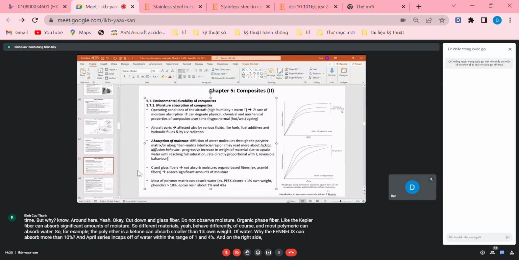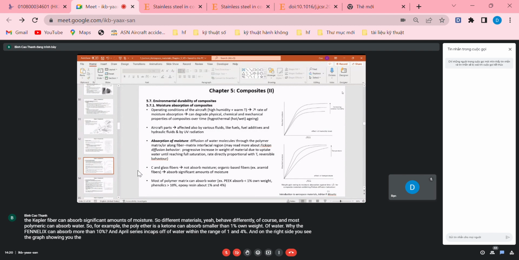On the right side, you see the graph showing the relationship between the absorbed moisture as a function of the square root of time. So when the time increases, the degree of moisture absorbed is higher, but only up to the saturation point, a certain limit.